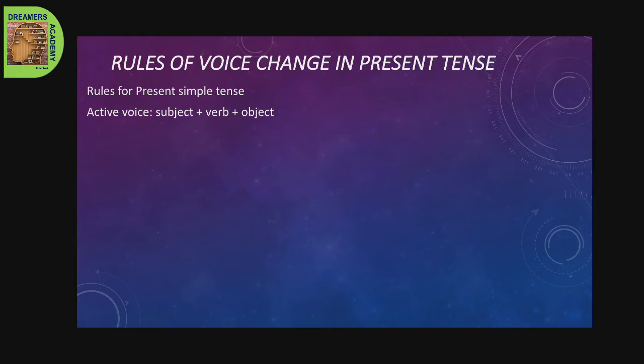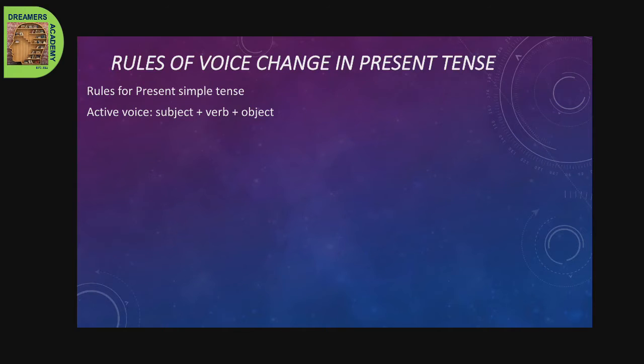So we have to go through all the rules for the respective tenses. First of all, we come to the present tense, and we all know that there are four types of present tense. First, simple present tense.